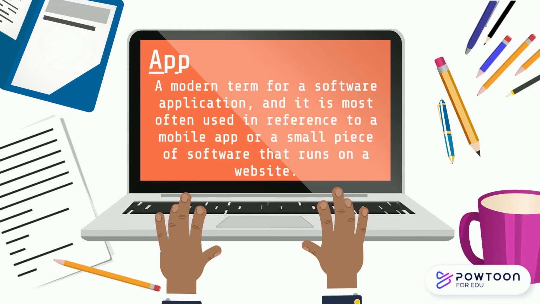Defined by lifewire.com, an app is a modern term for a software application, and it is most often used in reference to a mobile app or a small piece of software that runs on a website.